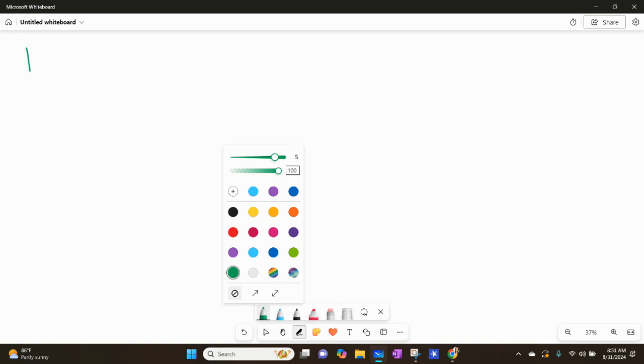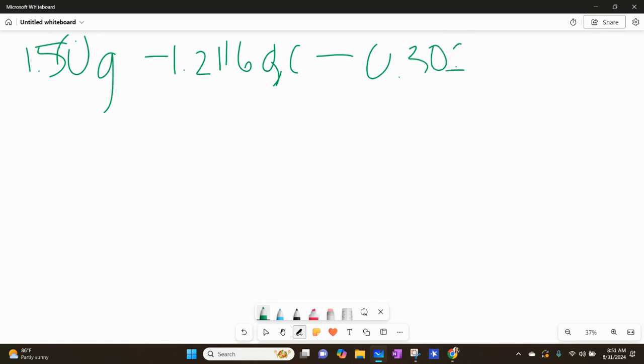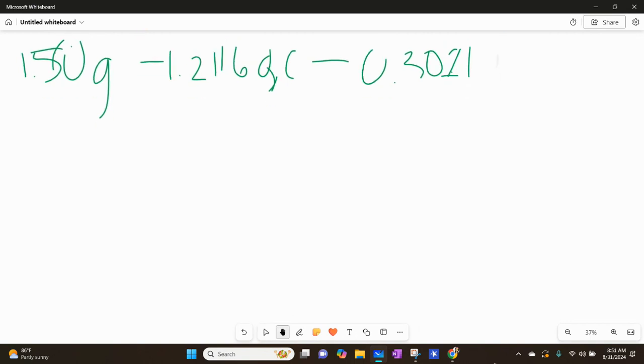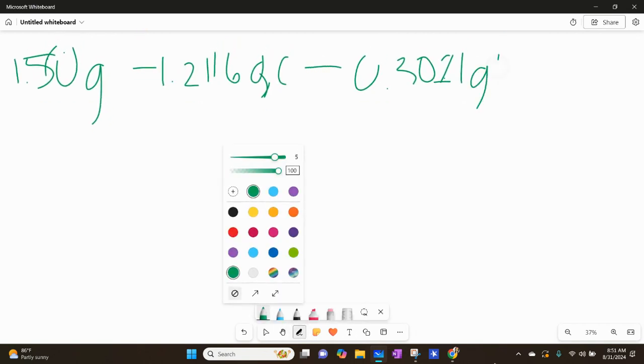So now our sample size was 1.50 grams. We're going to subtract the 1.2116 grams of carbon from that, and we're also going to subtract our 0.3021 grams of hydrogen from that.